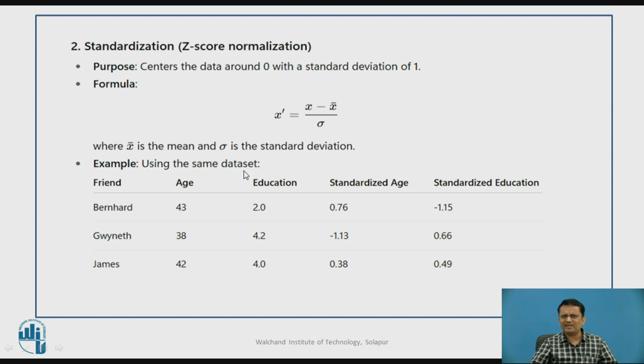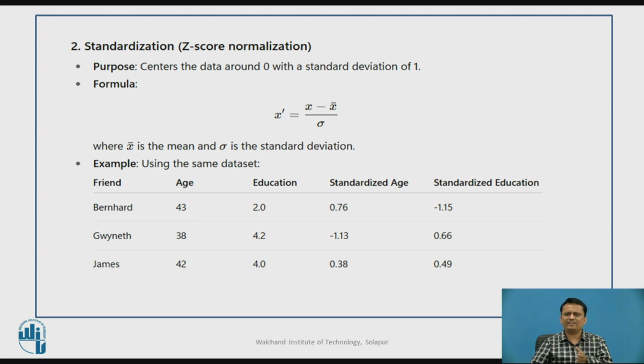So let us say this 43 I want to represent as the standardized age. What is to be done? This will be 43 minus the average of the age. This x bar represents the mean value, the average value, and divide it by the standard deviation value of the age.